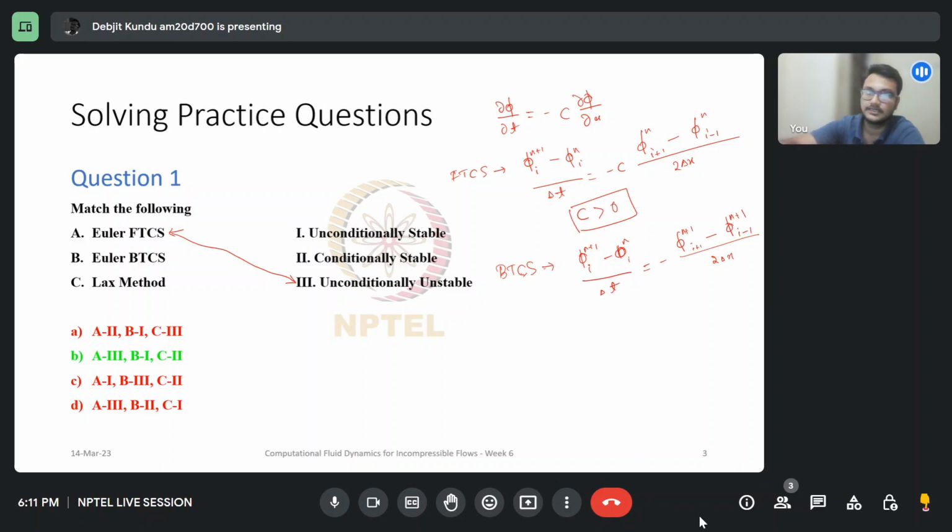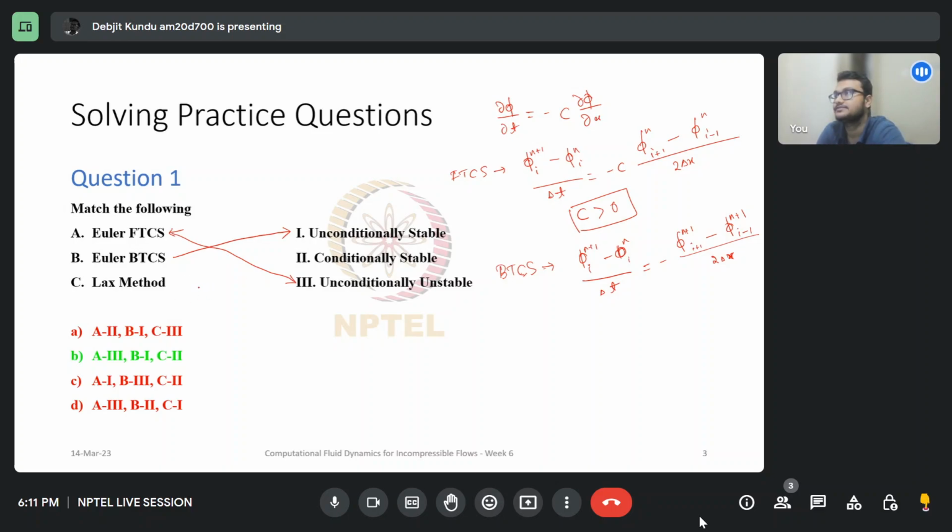So this leads to an implicit scheme, and this actually boils down to a tridiagonal matrix, which can be solved using TDMA. And this method is actually unconditionally stable. So no matter what values of delta t, delta x you pick, the solution will remain stable.